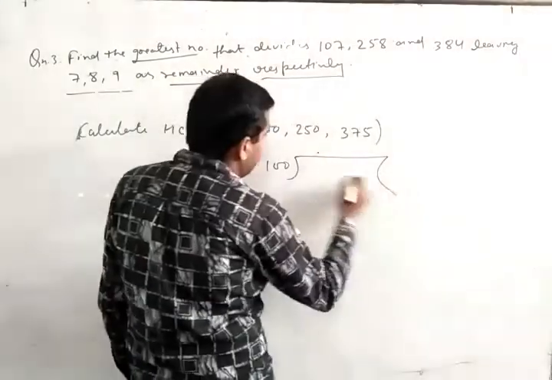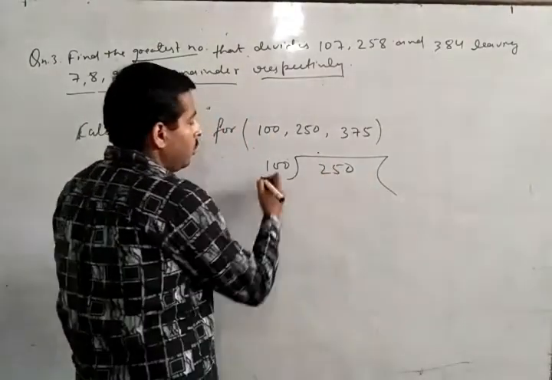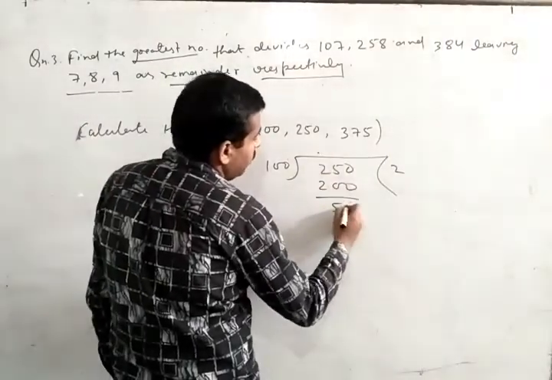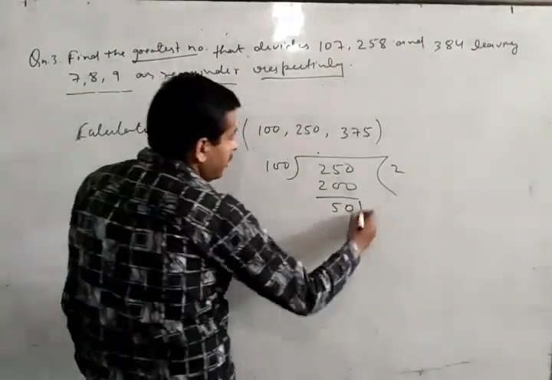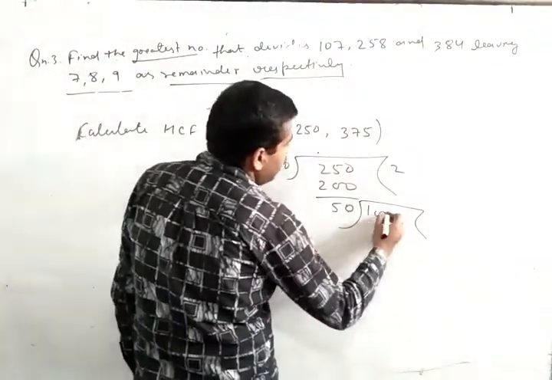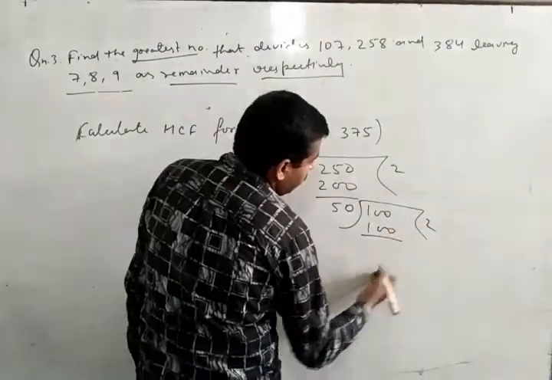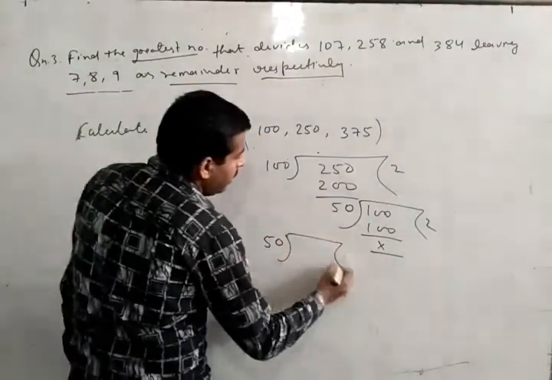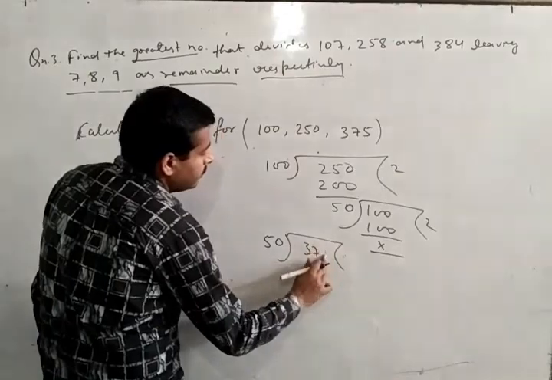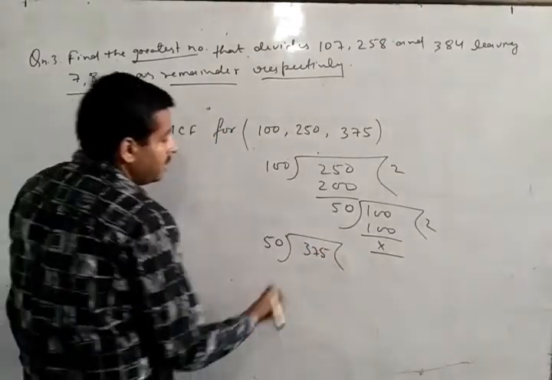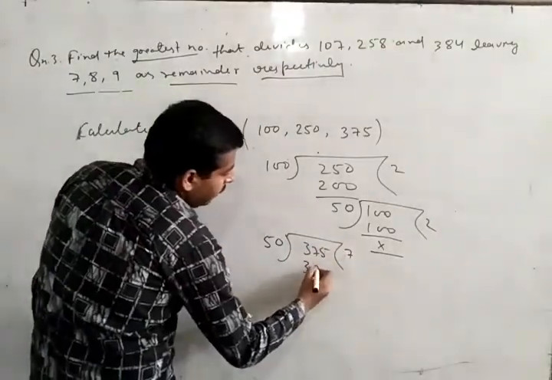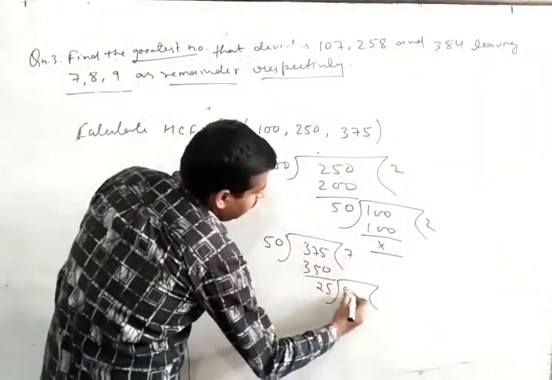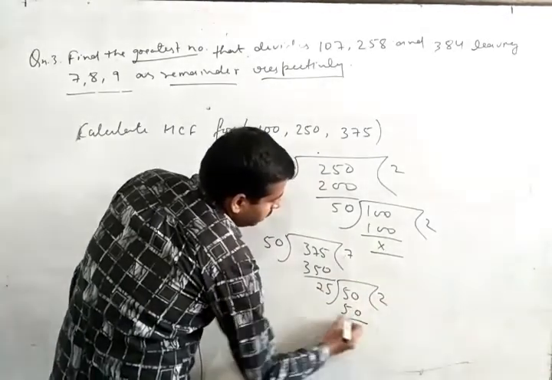We are calculating it as 250 divided by 100 gives 2 times, remainder 50, and this 50 will divide 100 giving 2 times, remainder 0. Again 50 will divide 375, giving 7 times 350, remainder 25, and this 25 will divide 50 two times, giving remainder 0.